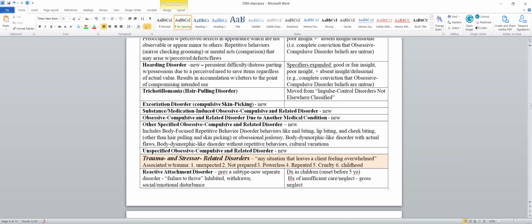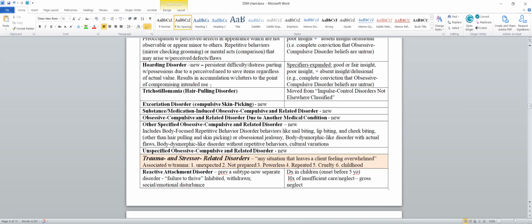So other specified obsessive compulsive and related disorder includes nail biting, lip biting, and cheek biting, obsessional jealousy, body dysmorphic like disorder with actual flaws, and body dysmorphic like disorder without repetitive behaviors, and then cultural variations.